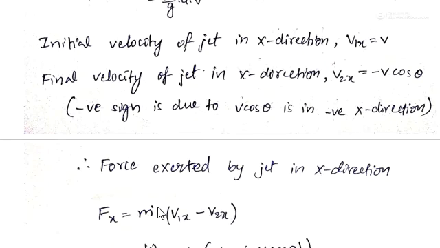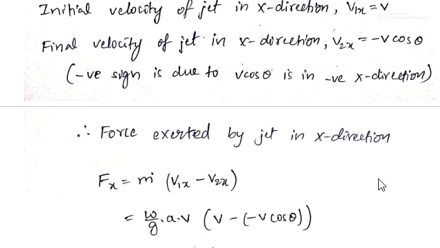Force exerted by the jet in the x direction: in any case, force exerted by the jet you simply write as m dot into v1 minus v2, and here we are taking the x direction, so v1x and v2x. M dot will be w by g a v, v1x is v, and v2x is minus v cos theta.